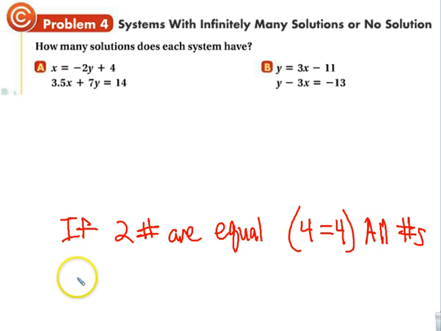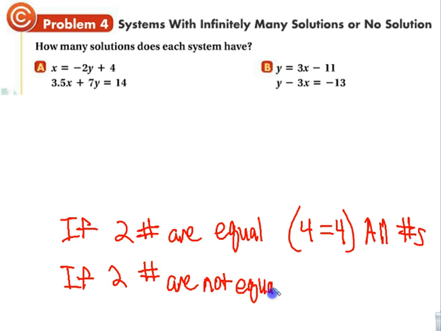We've seen this before. If the 2 numbers are not equal, negative 2 equals 7, then it's no solution. Just a reminder about that.